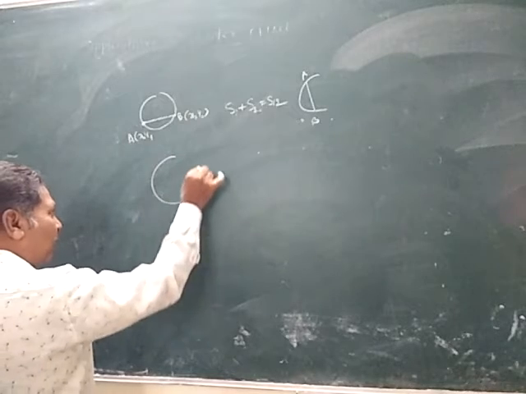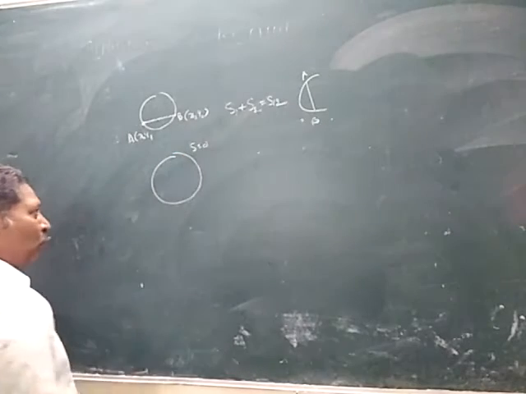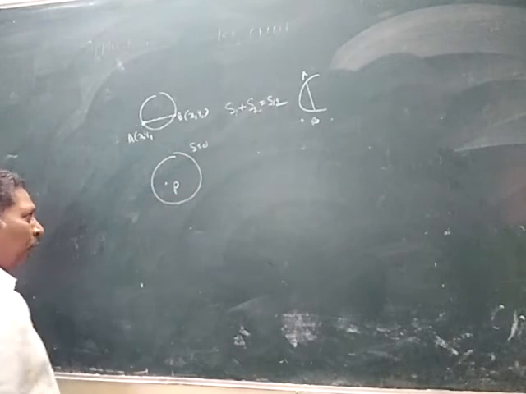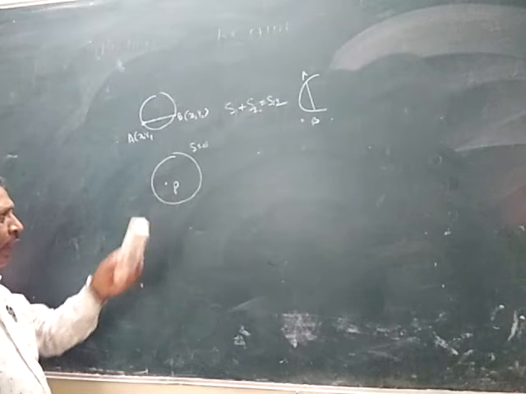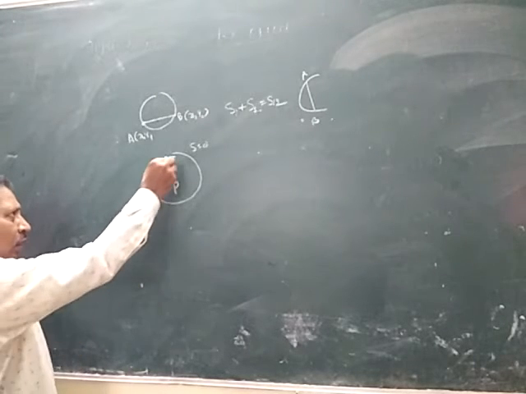This is a circle S equal to 0. Suppose P is inside the circle.